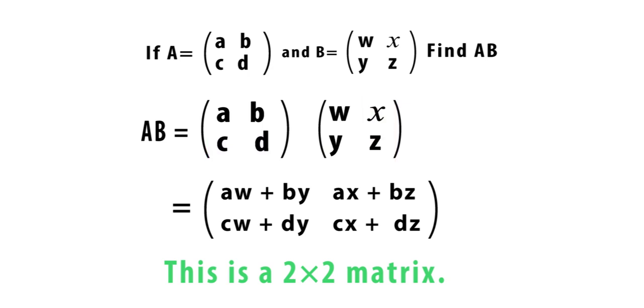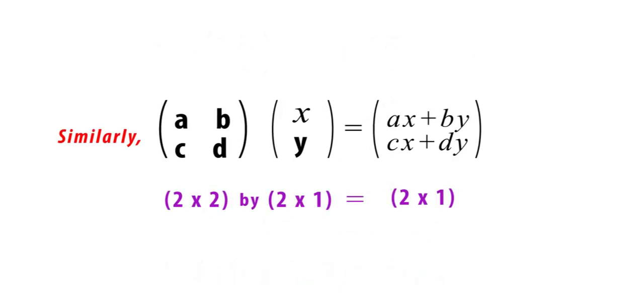This matrix is a 2 by 2 matrix, and that is the result of multiplying A by B. Similarly, if we have the matrix A, B, C, D, which is a 2 by 2 matrix, and we are multiplying this matrix by X, Y, which is a 2 by 1 matrix, the result is going to be AX plus BY, CX plus DY, which is going to be a 2 by 1 matrix.